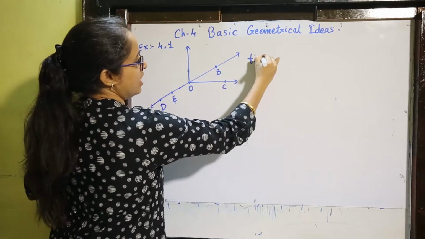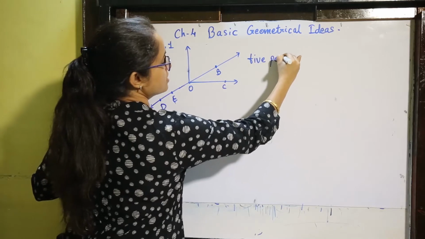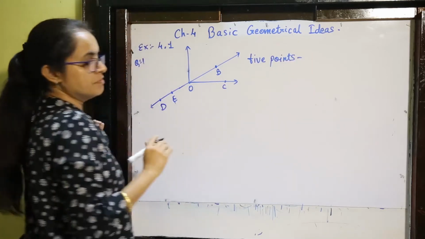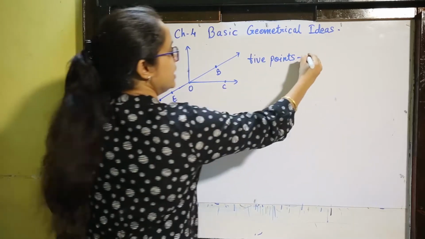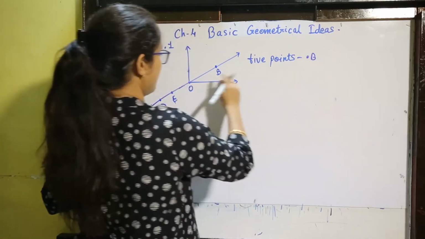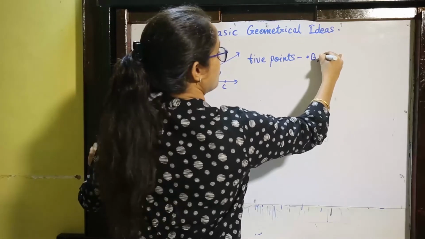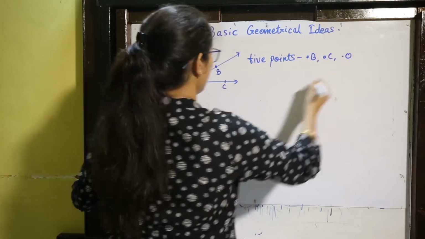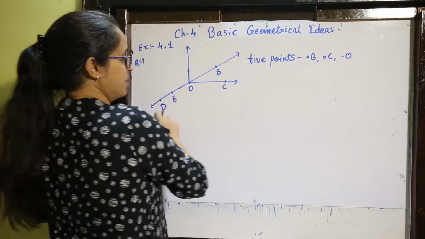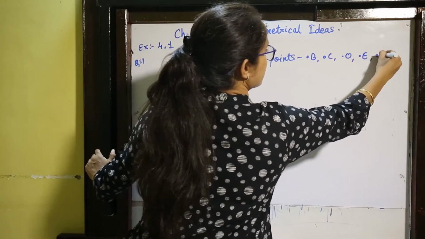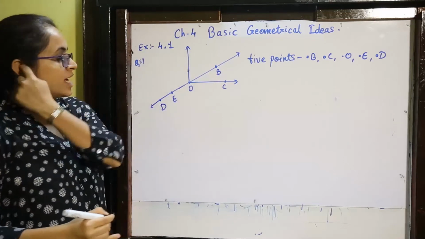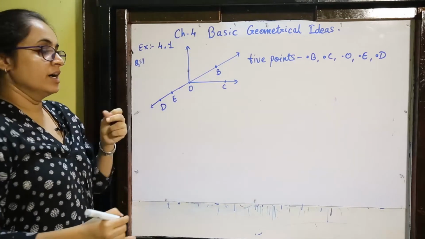So which are the 5 points you can see in the figure? So I can see 5 points, point B, point C, point O, point E and point D. These are the 5 points you can see through the figure.